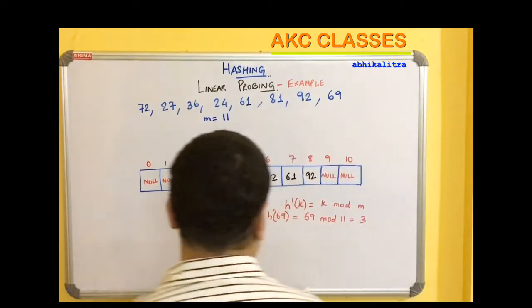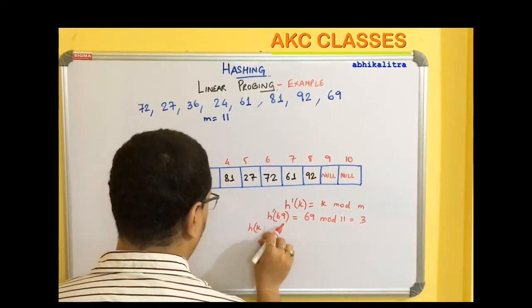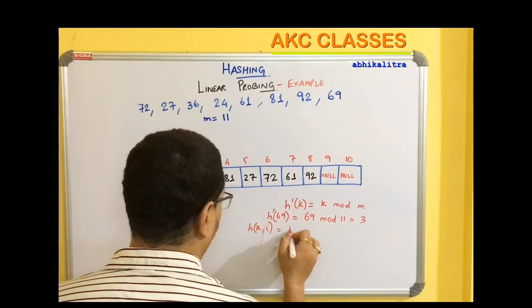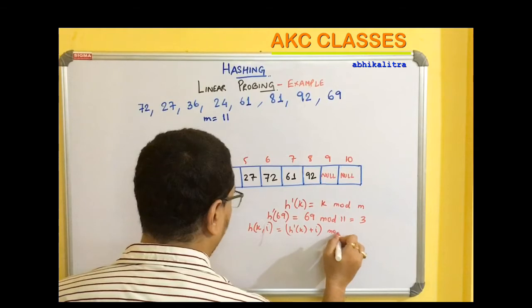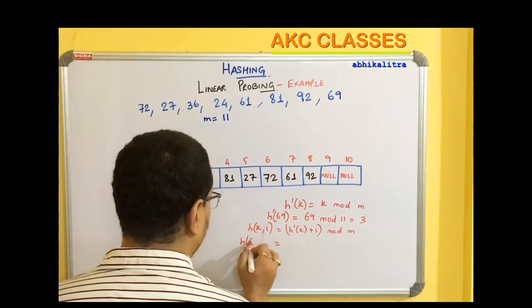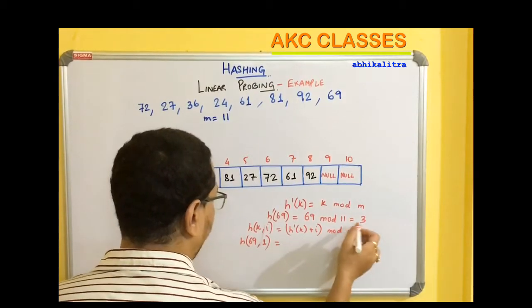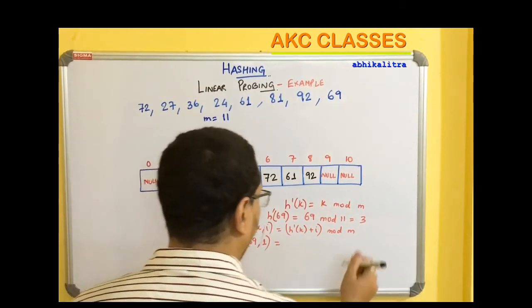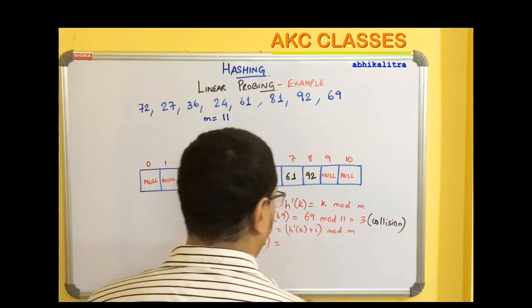So obviously if I go with h of k comma i, it will be h prime of k plus i mod m, right? So h of 69 comma 1, I will start i with 1, and the h prime of k, obviously it is 3, which is a collision, right?